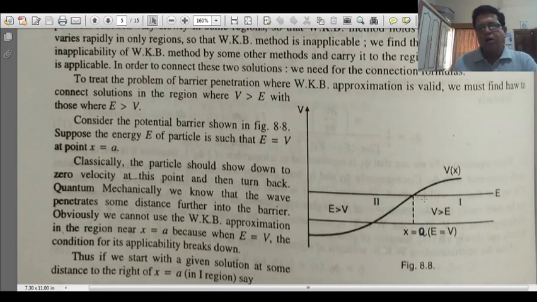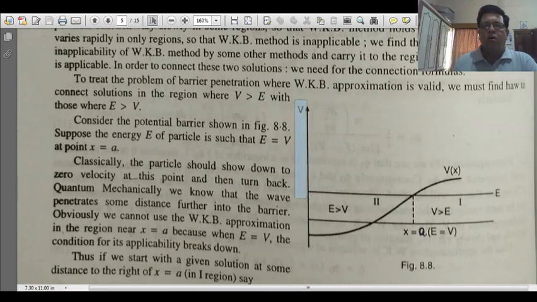And on the right side, the region of V greater than E, where potential V is greater than E, is called the first region.